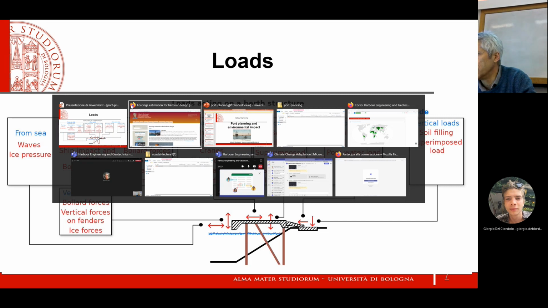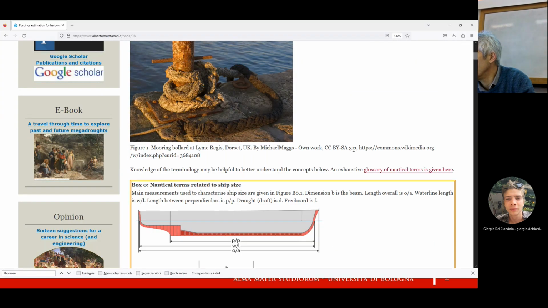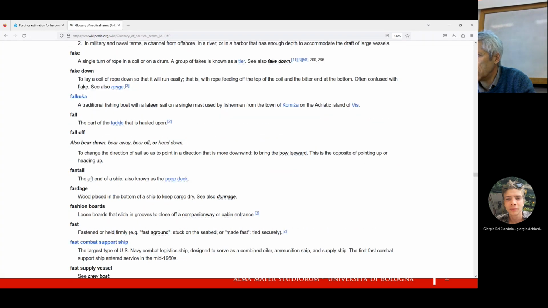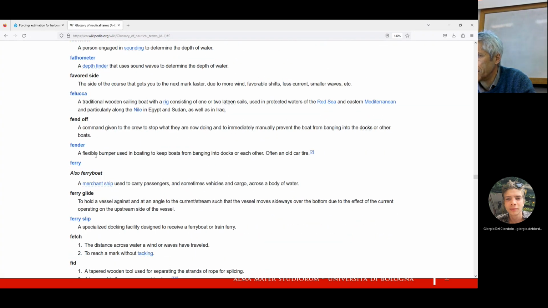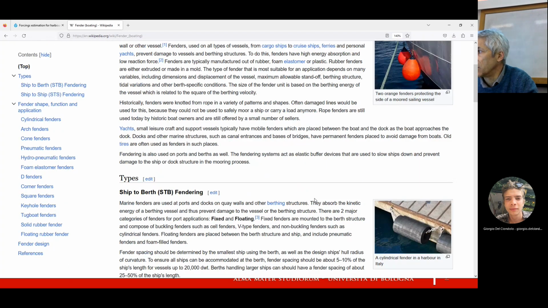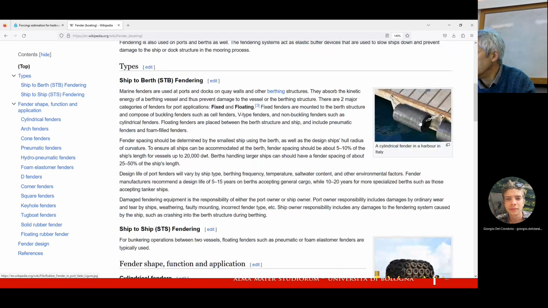Fenders, once again, just to make sure that you know what we are talking about. Here is the fender. It's a flexible bumper which is used to absorb the kinetic energy of a boat. They can be fixed to the boat, or in some cases they are fixed to the berth, like in this case.